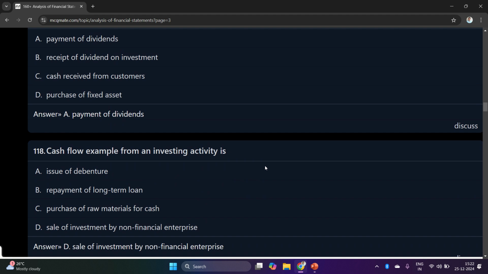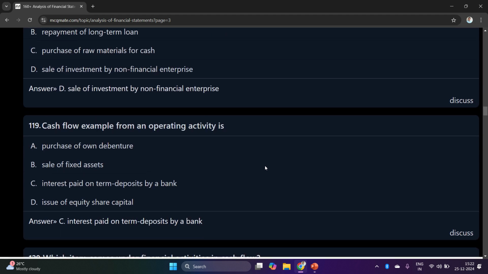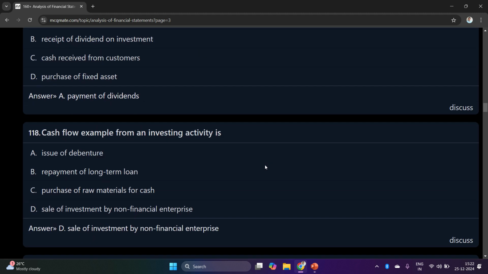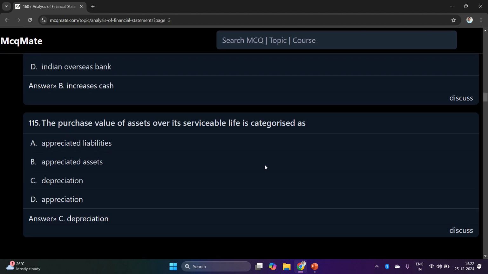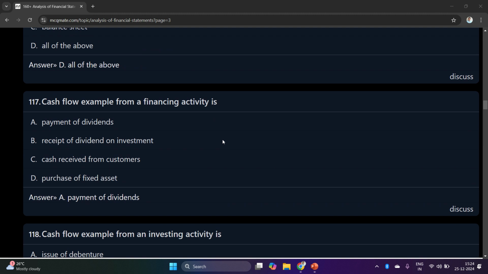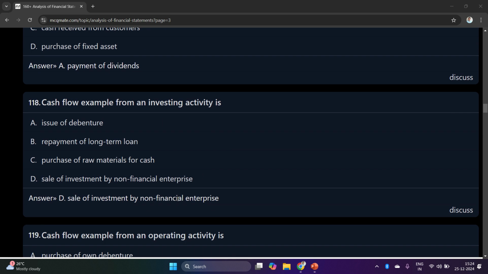Cash flow example from investing activity: sale of assets by a non-financial enterprise. Cash flow for operating activity: interest paid on term deposits by a bank. The purchase value of assets over its serviceable life is categorized as depreciation. Cash flow example from a financing activity: payment of dividend.